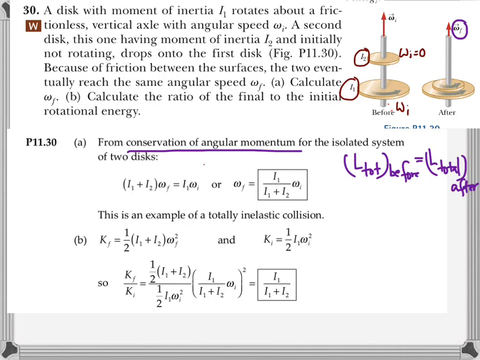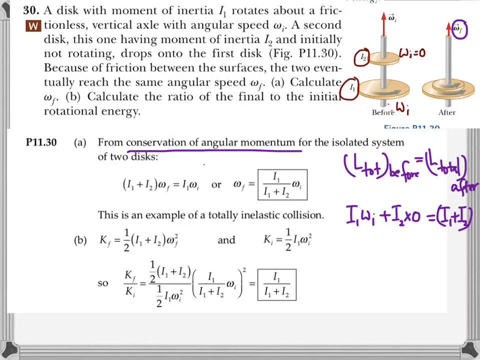L total before is I1 omega I plus I2 multiplied by 0, equal to I1 plus I2 multiplied by omega F.